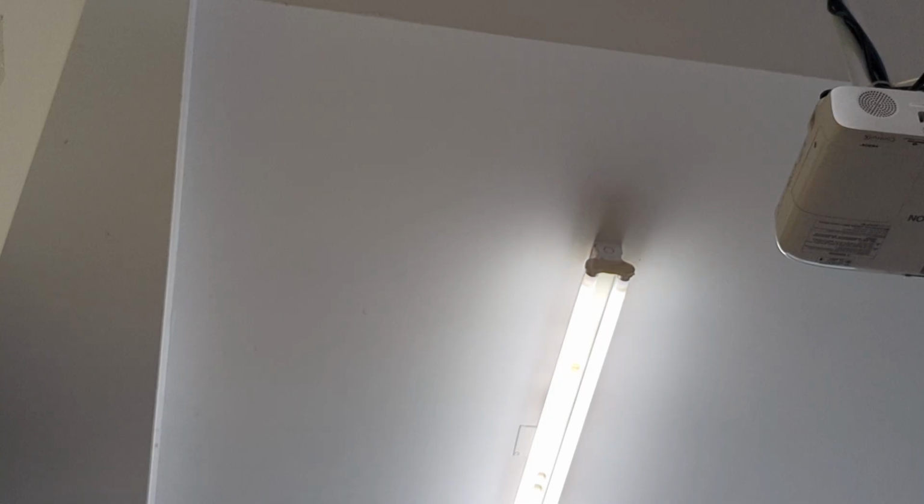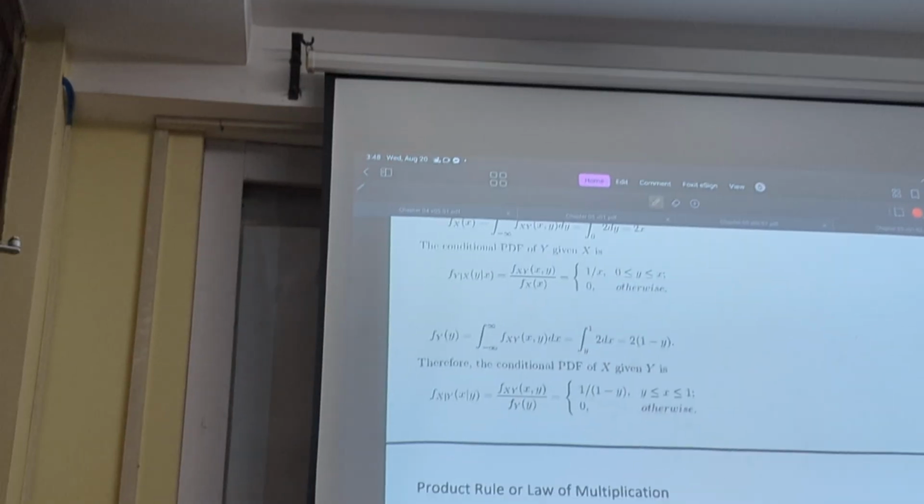The marginal is 2x. You need to calculate the marginal distribution of x, then divide the joint PDF by the marginal. The joint PDF is 2, the marginal PDF is 2x, then the conditional PDF will be 1 by x, and it is uniform between 0 and x. Right? Does everyone understand? Yes? So we can discuss.